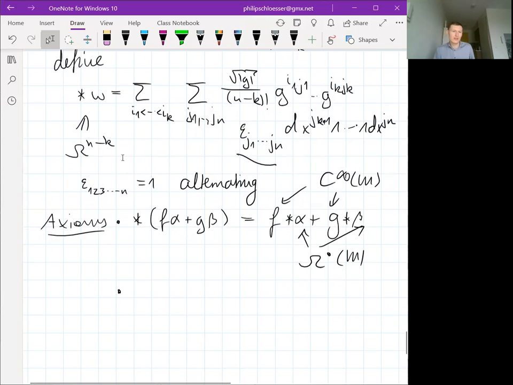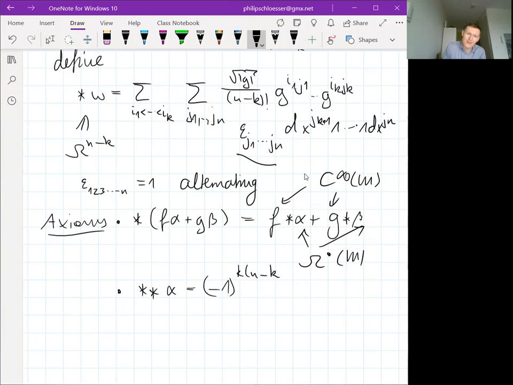If you look at the dimensions, if you apply star after star, you should land in Omega^k again. Okay, bye Karthik. And it should be some scalar multiple of itself again. So star of star alpha is, and this is also a very nice expression, some sign factor basically.